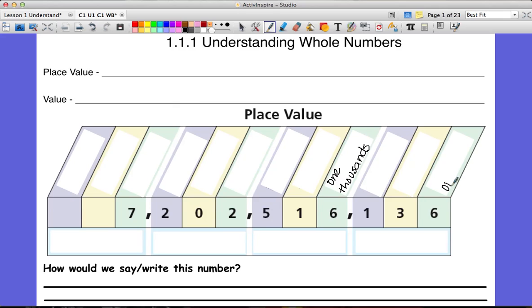Right, so here you should have that this is the ones, this is the tens, and this is the hundreds. And I want you to finish filling in all of these missing boxes. If you need to, go ahead and pause and take a moment to complete that.